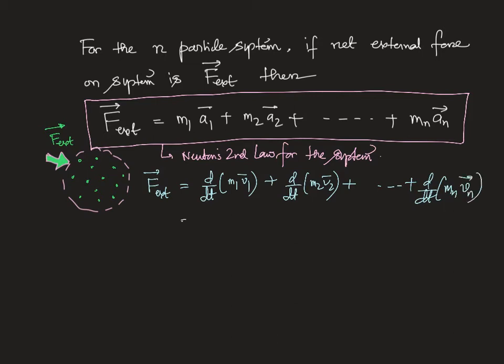So this again we can write with the differential sign outside, and we can add up the things: m1 v1 plus m2 v2 plus mn vn. So that is F external.